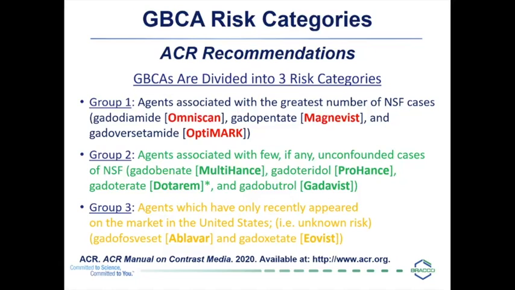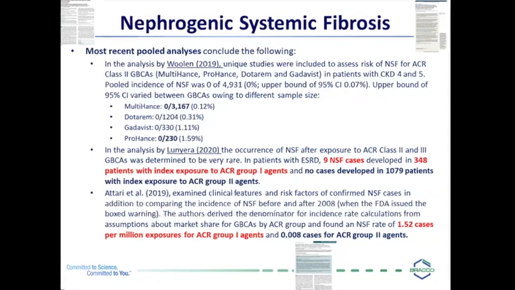Group 2 includes the 4 agents with few, if any, cases of NSF. This class includes the 3 macrocyclics and Multihance. Group 3 includes 2 agents, one is no longer on the market, Ablavar, for which there is insufficient data to determine the risk of NSF despite an alternative excretion pathway for Eovist.